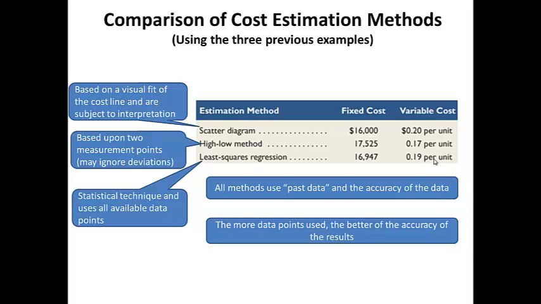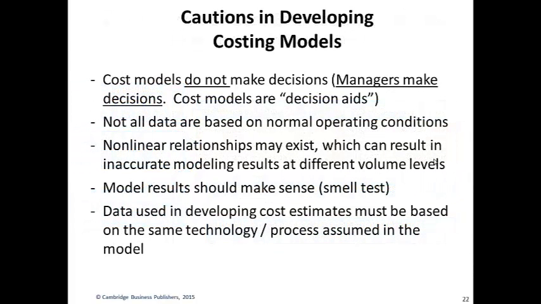Okay, now let's do a couple of observations regarding these cost models. First of all, cost models do not make decisions. Managers make decisions. Cost models are decision aids. One of the other problems is that we're assuming a certain type of operating condition, a normal operating condition.